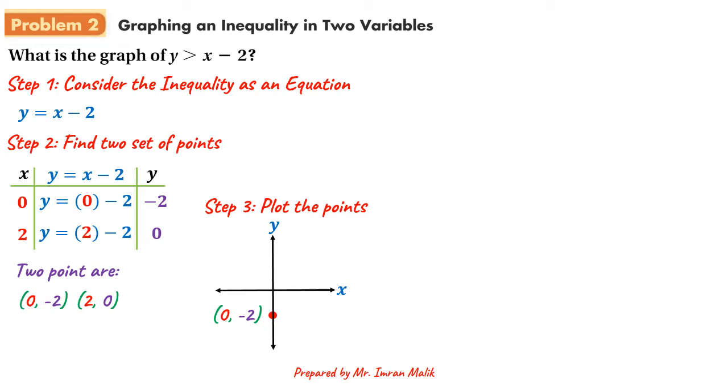And my second point is when x = 2, then y = 0. Once we have finished plotting these 2 points, we need to join them by connecting them together. However, before doing this, we need to consider our inequality. So this leads us to our step number 4.